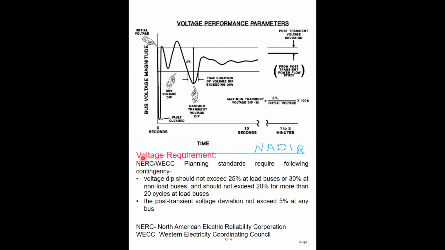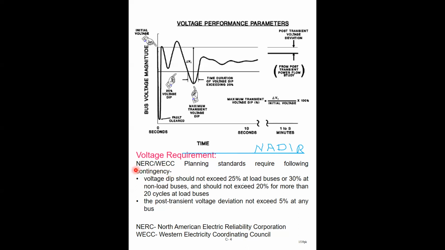So we have some councils. In fact, I was looking at StartNet, but I could not get enough information. Otherwise, I could have provided it here in the discussion. But there are some councils here, and they have some standardization about the voltage requirement whenever you have some contingency, either a generator outage, line trip, or load trip, and so on.